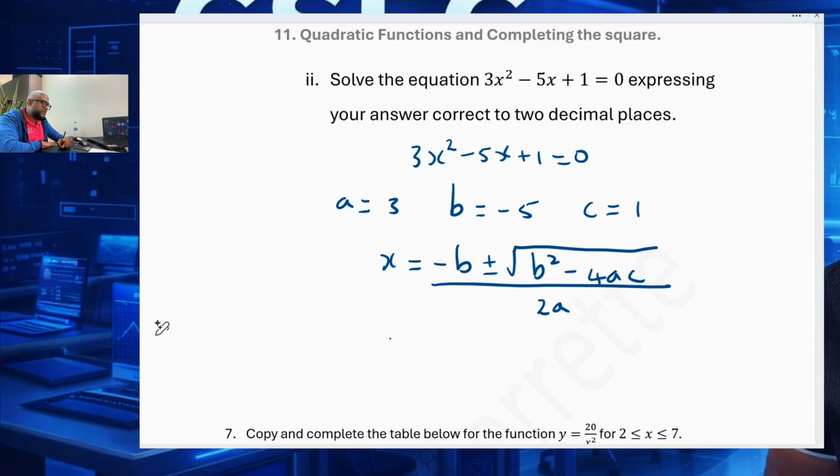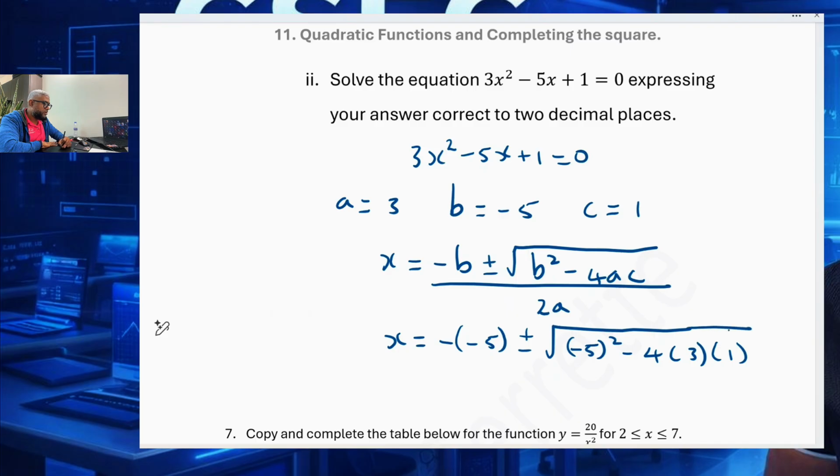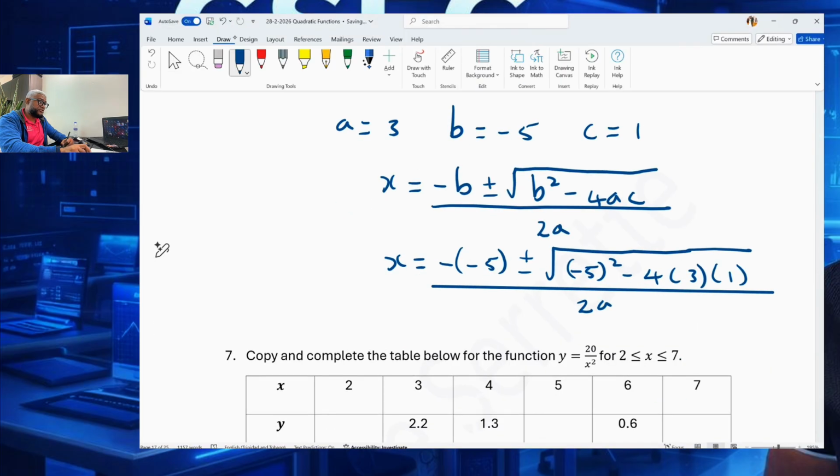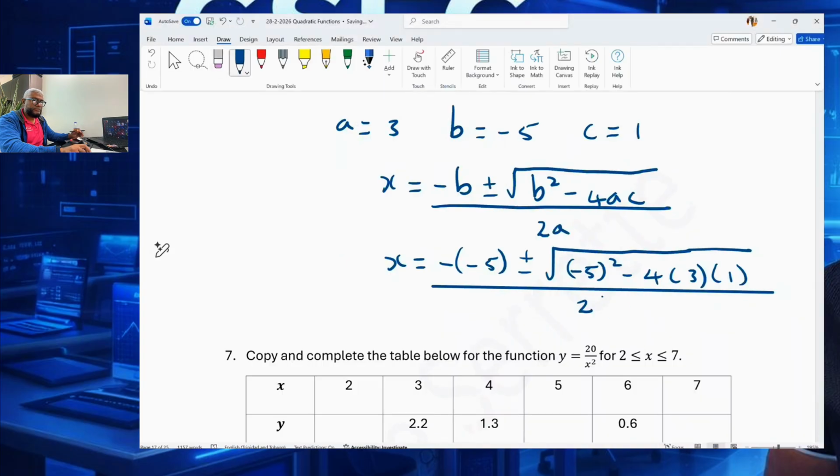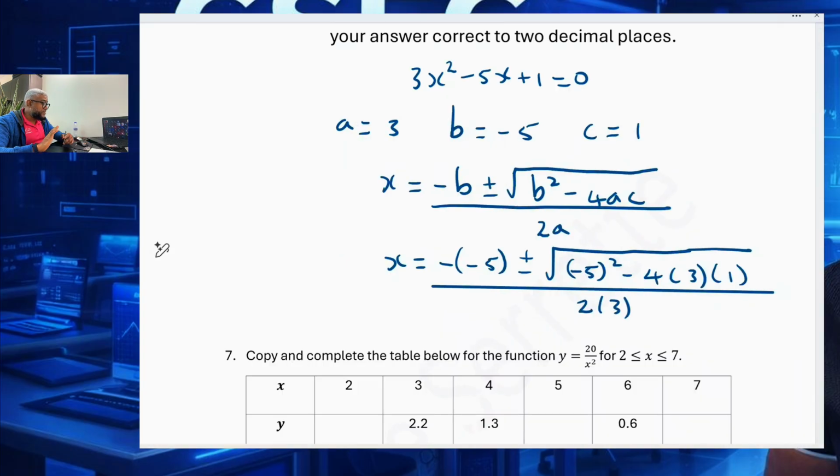So x will be equal to negative of negative 5 plus or minus the square root of negative 5 squared minus 4 by 3 by 1, all over 2a. Well, a is 3, so 2 by 3.